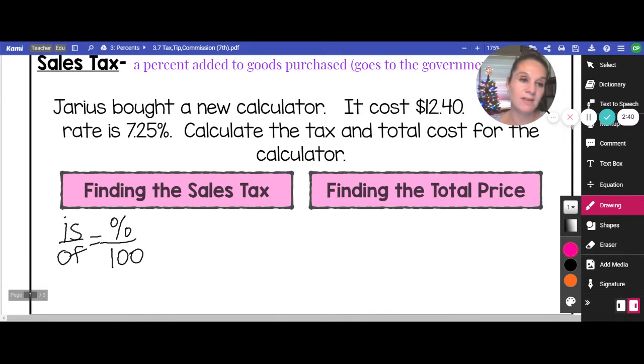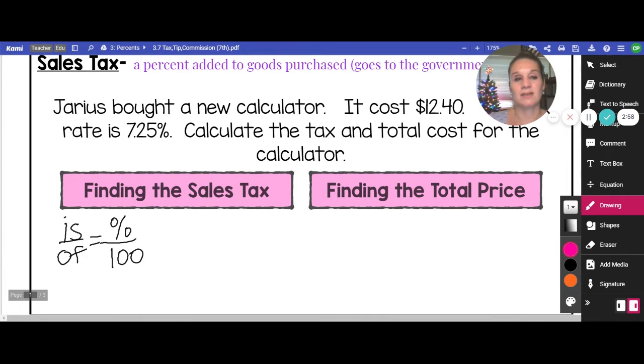So when I look at this is over of proportion and look back to my question, I've got two numbers. I've got $12.40 and a rate of 7.25%. So really what I'm wanting to find is, what is 7.25% of $12.40?